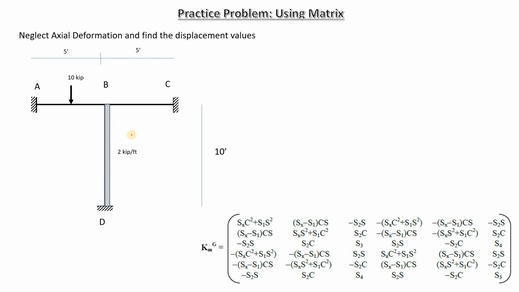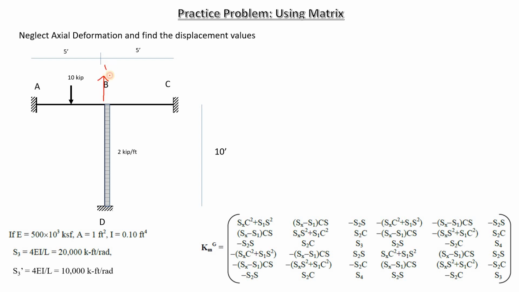Okay, let's just do it here. So the only available displacements here are VB, UB, and theta B. Now we have said that we're going to neglect axial displacement.